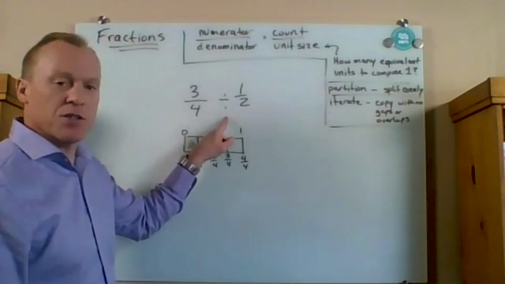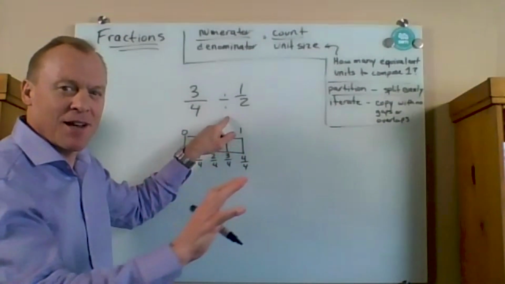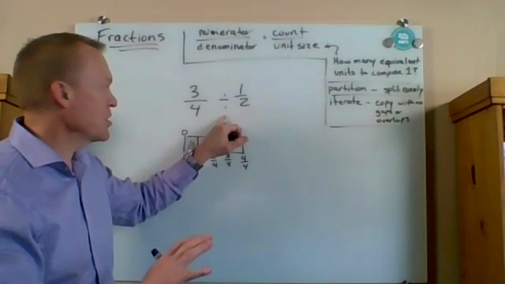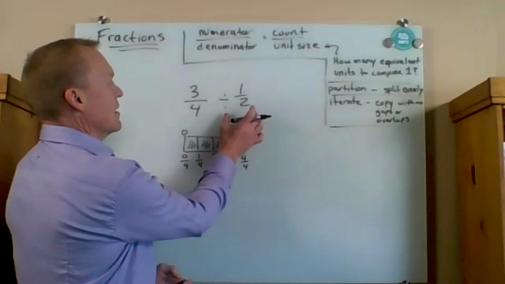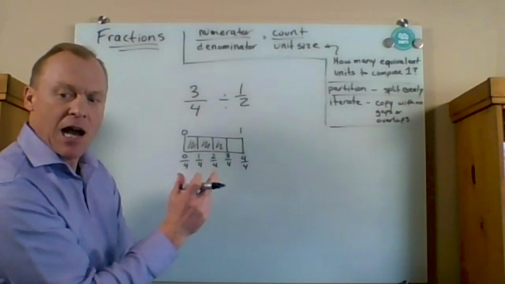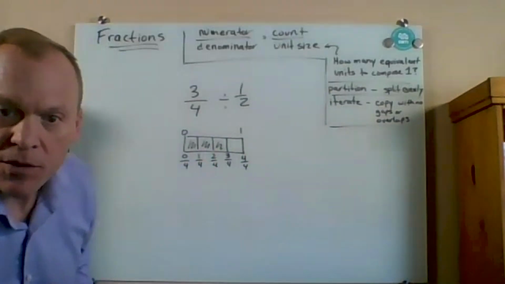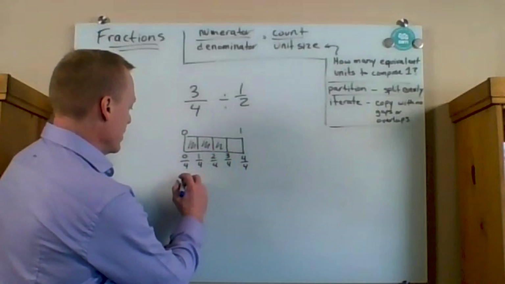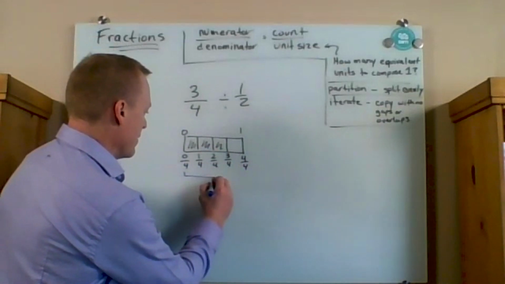In this case, with division, there is an algorithm later where we do the inverse operation of multiplication. But here, what this is really saying is, division is really saying how many halves actually fit into 3/4. In this case, as we have the 3/4 unit, we're asking how many 1/2s.